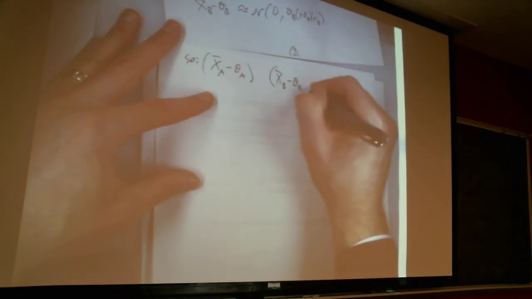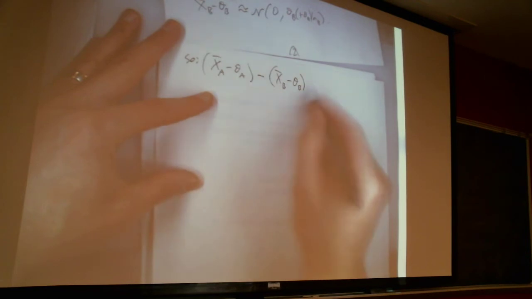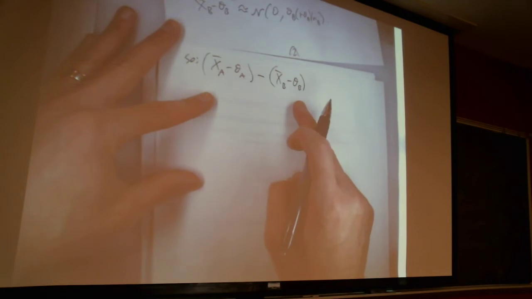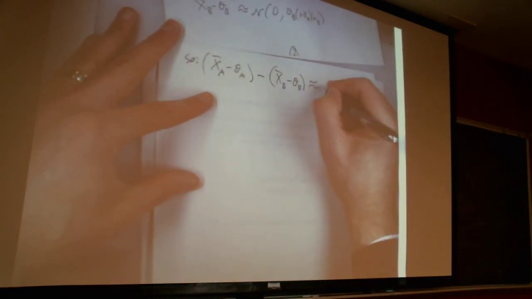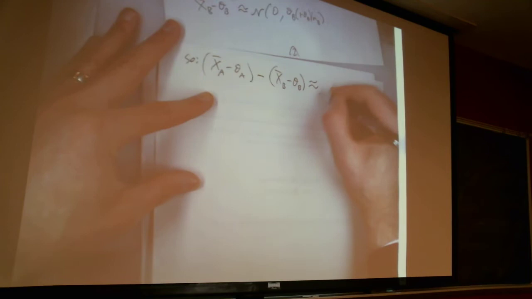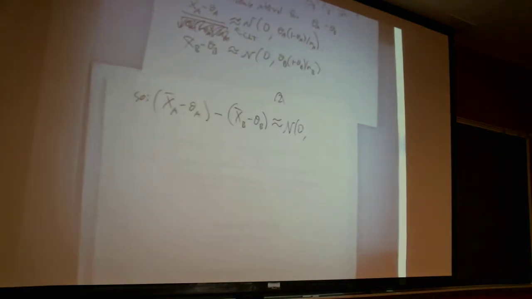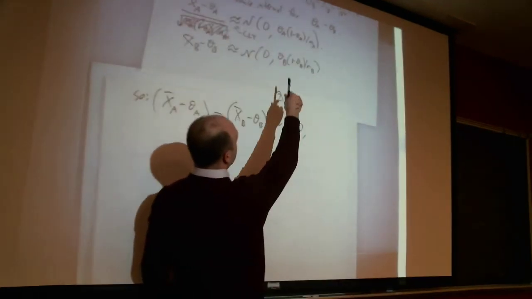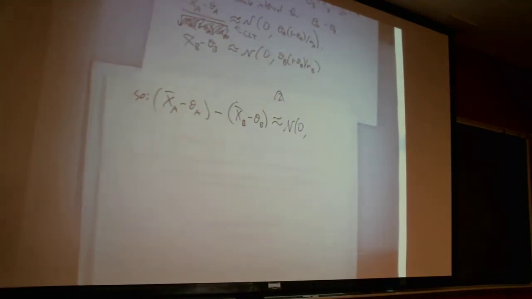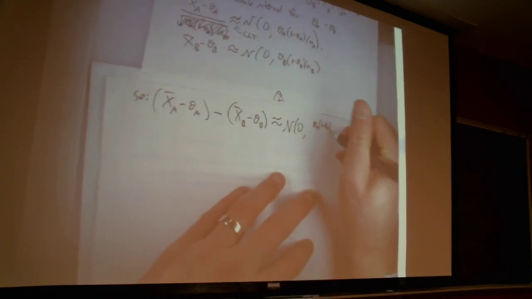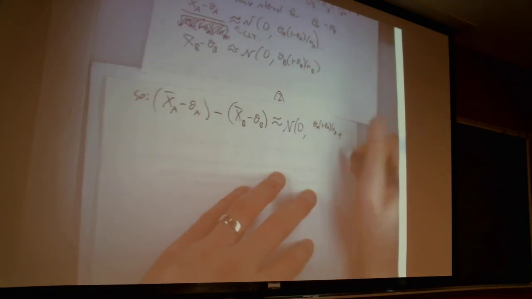X B bar minus theta B, that's a Gaussian. The negative of this Gaussian is still Gaussian with mean 0. So this is a sum of two Gaussians with mean 0, approximately a Gaussian of mean 0 and what variance? The sum of the variances, since they're independent. So the sum of the variances is theta A times 1 minus theta A over nA plus theta B times 1 minus theta B over nB.